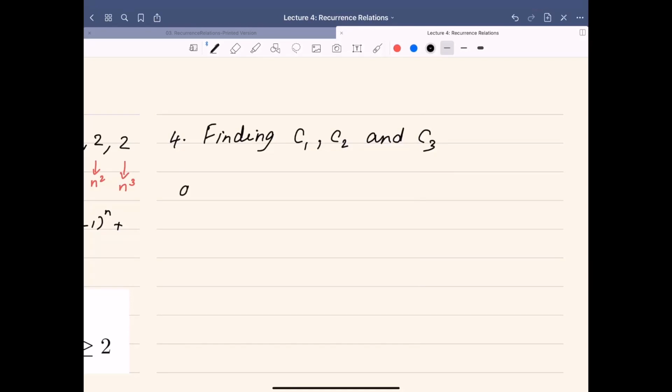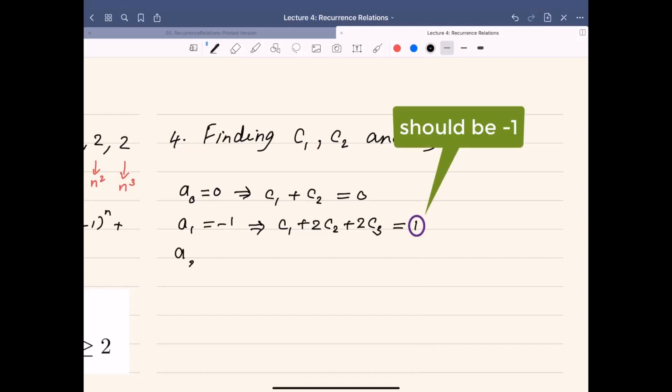So first we have a_0 is equal to 0. So we have C1 plus C2 is equal to 0. And we have a_1 is equal to minus 1. So we will have C1 plus 2C2 plus 2C3 is equal to minus 1.